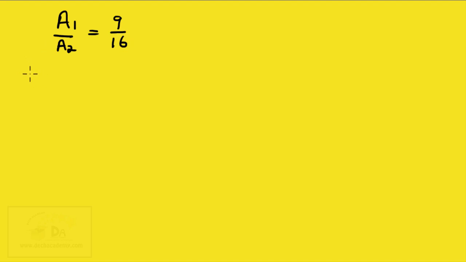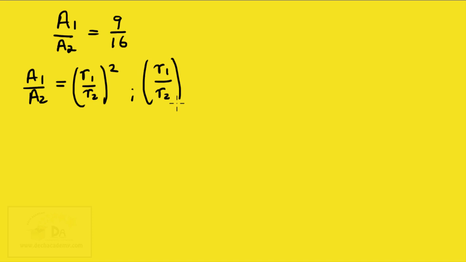And we've said that A1 over A2 is equal to R1 divided by R2 all squared. This means that R1 over R2 all squared is equal to A1 divided by A2.